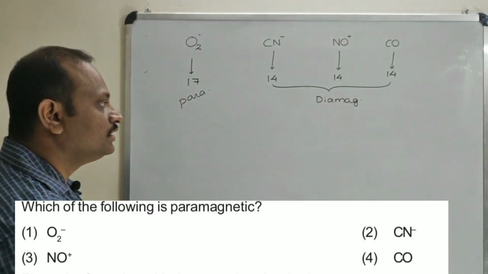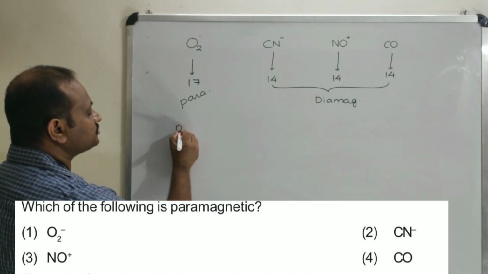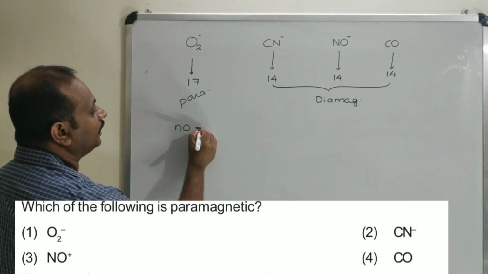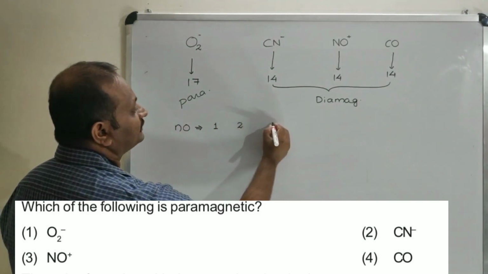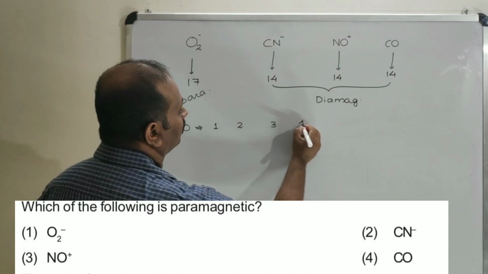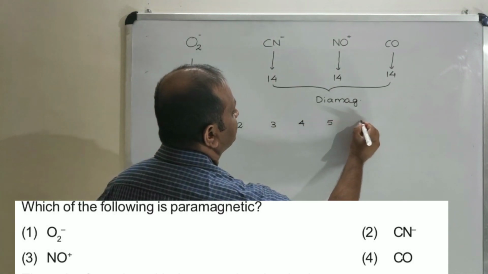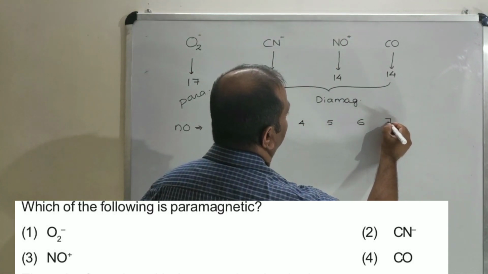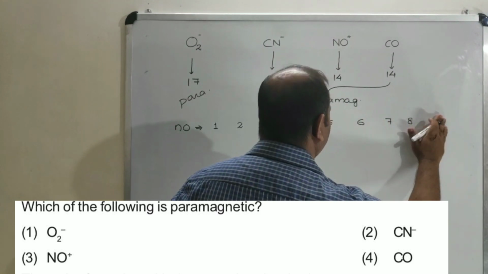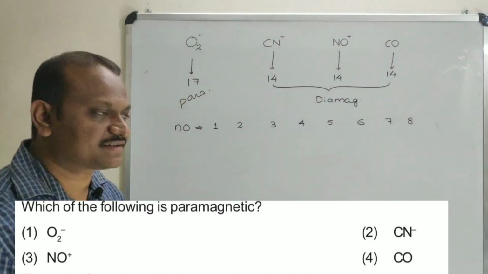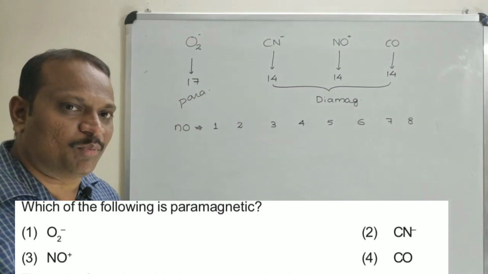I'm just writing the number of electrons here: 1, 2, 3, 4, 5, 6, 7, 8, 9. Up to 8, first of all, let's discuss their bond order.